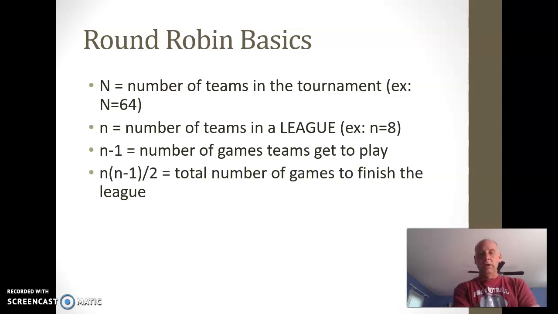If we're looking at the total number of games to finish the league, each team is playing 7 games, so it's n times n minus 1, divided by 2. In our case, n is 8, the number of teams in our league. So n minus 1 is 7, times 8 is 56.